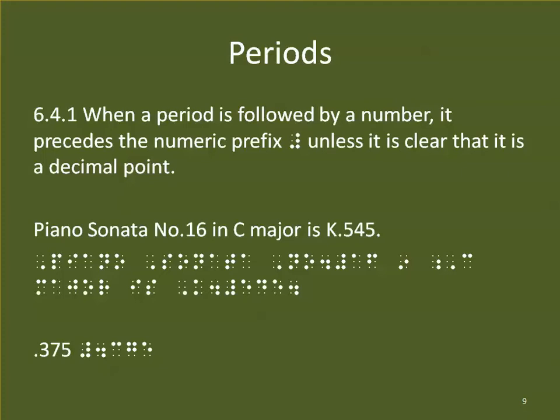The difference here is just whether it goes before the numeric indicator or after the numeric indicator, but it's still the same dot configuration. So moving on with this example, again, it's K period 545. It's not 0.545. So that dot, that period, will go before the numeric mode indicator. But if we're obviously talking about 0.375, then that's a decimal point, so we would put that after the numeric mode indicator.